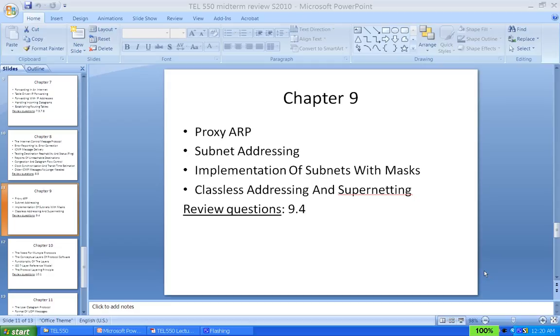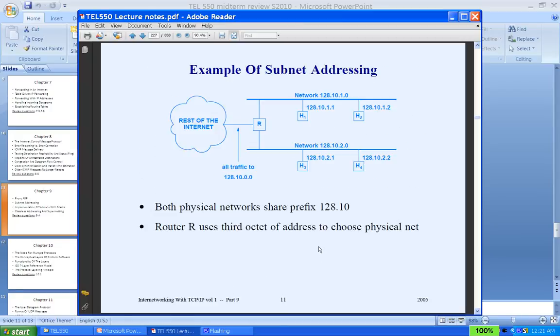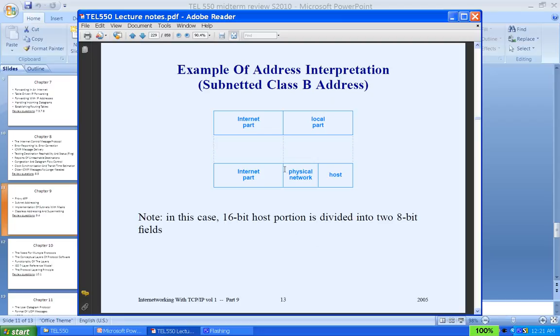Another approach would be subnetting. Subnetting is a pretty tricky concept. Originally we would have a network address and a host address.